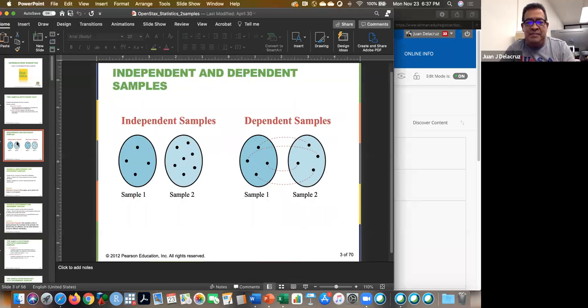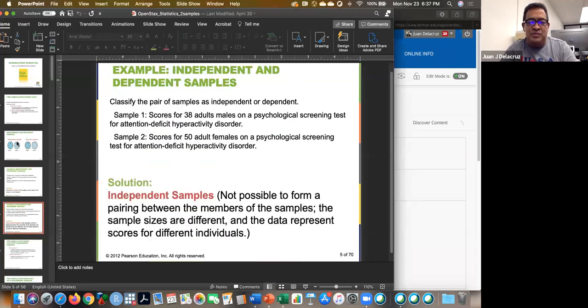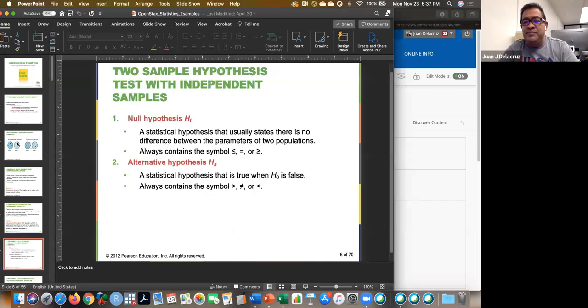We have independent and dependent samples, and two examples of these. We're going to do the hypothesis test, very similar to the one that we did before. So we have a two-sample hypothesis test with independent samples.